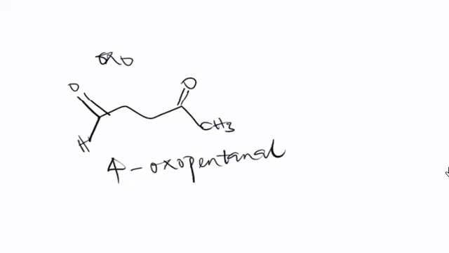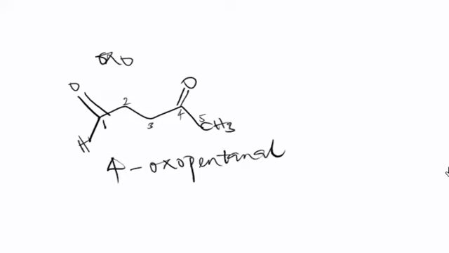So let's recall that this is an aldehyde group, and as such it should be placed in priority. So I'll see it as 1, then this 2, this is 3, this is 4, and this is 5.